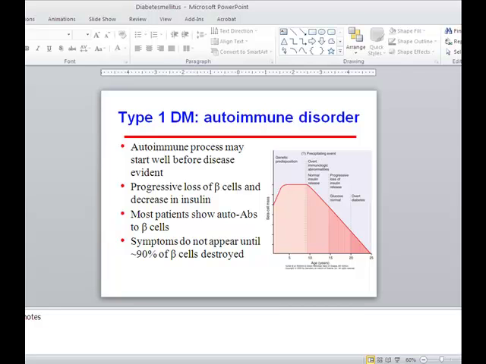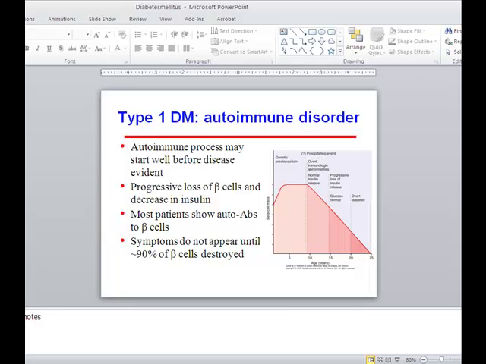So I said the autoimmune process may start well before the disease is evident clinically. There's progressive loss of beta cells. At some point, loss of a few cells is not going to alter the overall insulin secretion that much, but when you start losing a significant number of beta cells, your insulin levels start to drop.